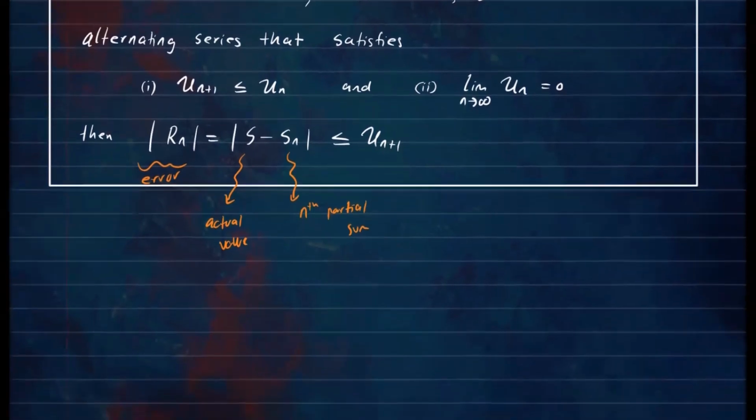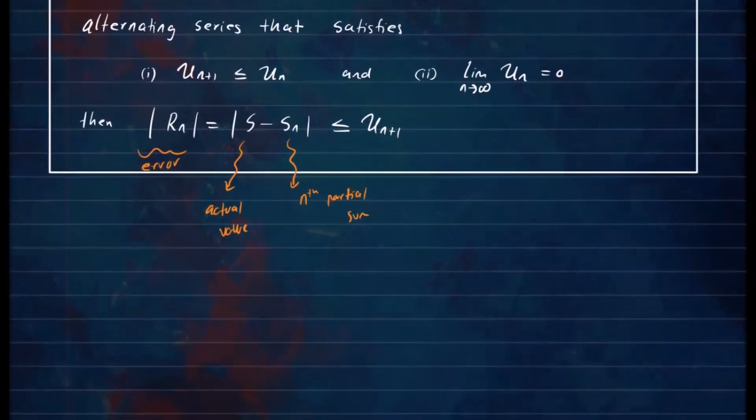So let me give you another illustration so that you understand this inequality a little better. Suppose you have an alternating series that converges. So we have some alternating series, negative 1 to the power n, let's say a sub n or u sub n, whatever you prefer.